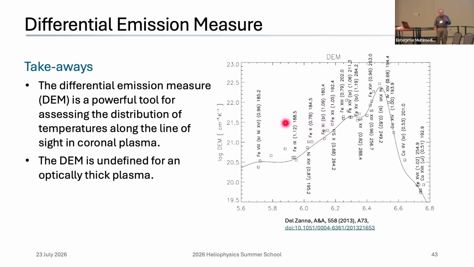The takeaway is that this is the most common diagnostic for understanding along a given line of sight the relative amount of gas at different temperatures. How much of the volume that you're looking through is occupied by 1,000,000-degree gas versus 500,000 degrees versus 3,000,000 degrees. What is its temperature structure?